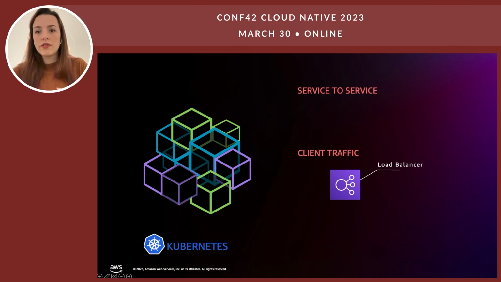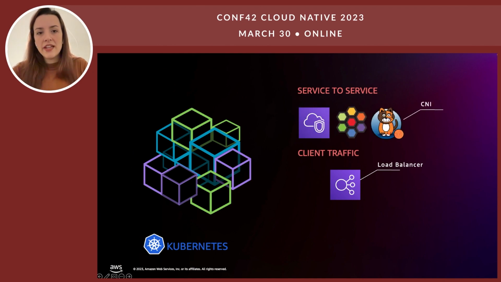Well, when you containerize your application and put it into a Kubernetes cluster, your application will talk thanks to the container network interface. Some examples include Amazon VPC CNI, Cilium, and Calico CNIs.